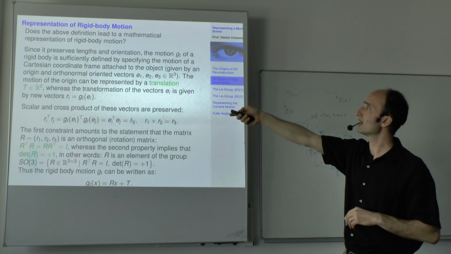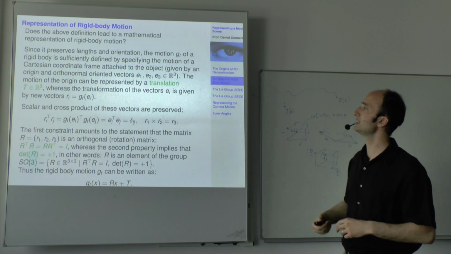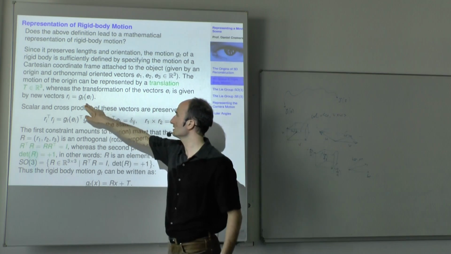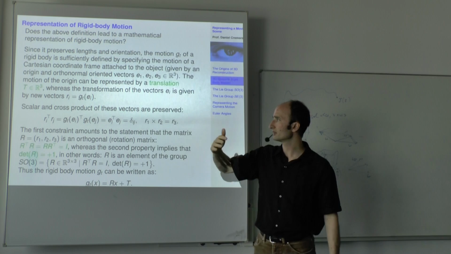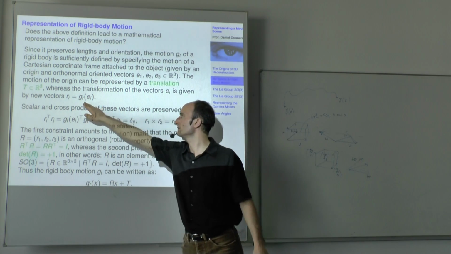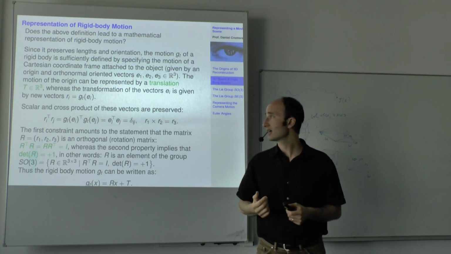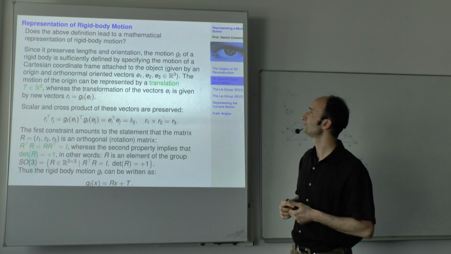So here's the argument. If the transformation, let's call it GT, because we consider a certain time T, we'll get to that later. So GT is our rigid body motion. And now we say it has to preserve lengths, it has to preserve cross product.